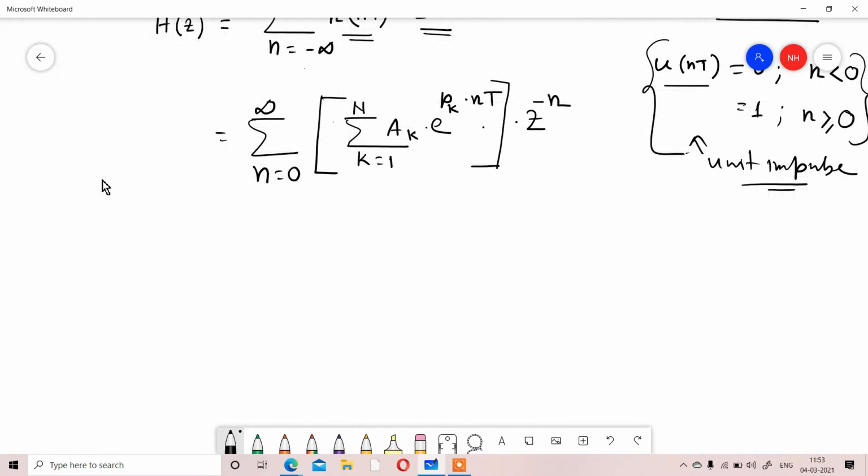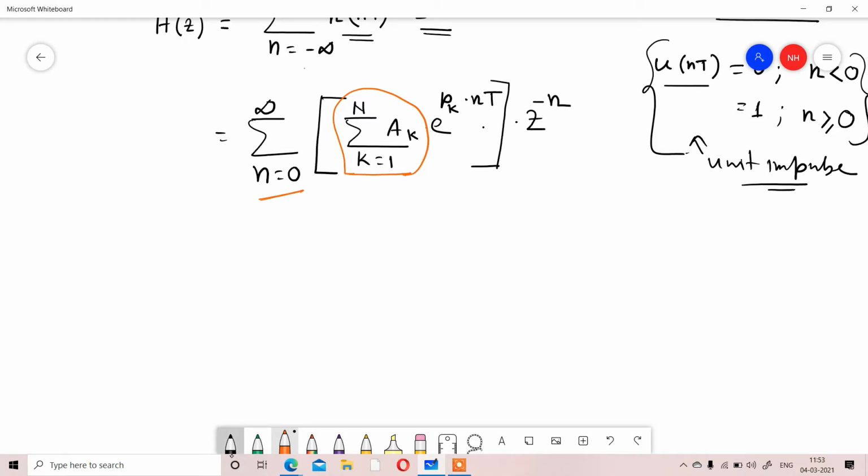So now from here, what can you do? See, I'm writing that part first. Summation k equal to 1 to capital N, ak is not dependent on small n value.